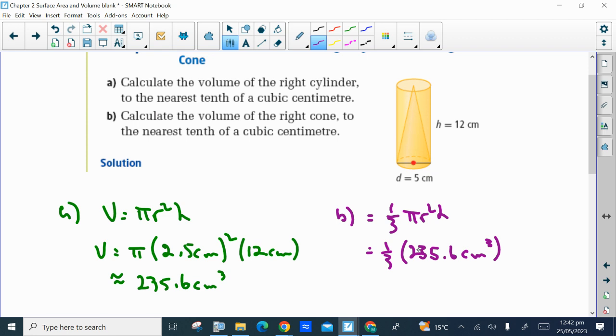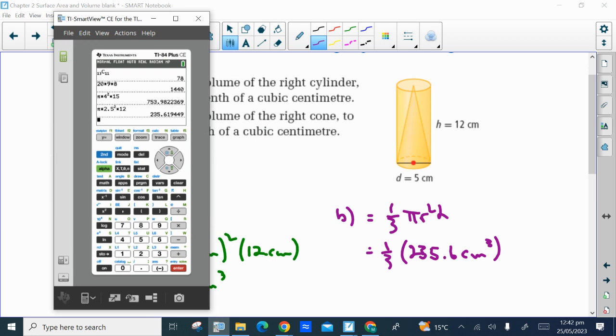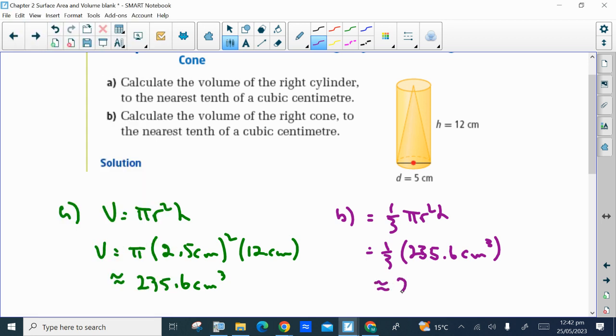So again, we rounded that number down to write it, but we've got the entire value in our calculator, so you can multiply that by 1/3, which is the same as dividing by 3. So I just took the previous number and divided by 3, and again to the nearest tenth it would be 78.5 centimeters cubed.